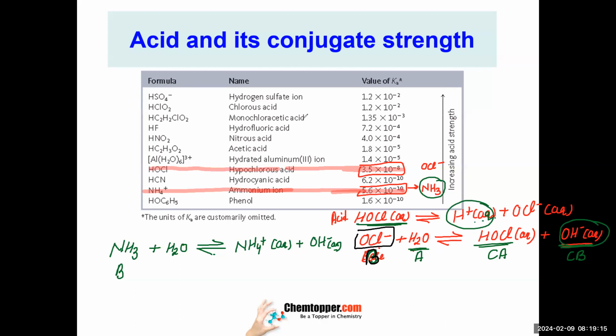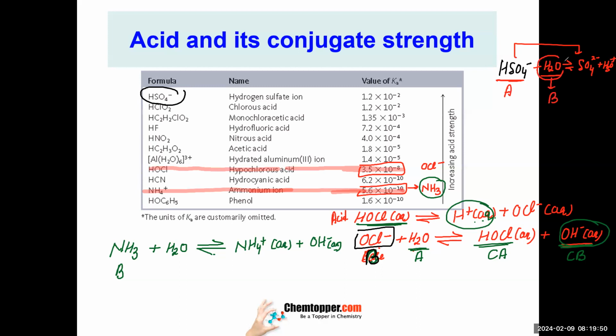Like if I give you this HSO4 minus, and if you put HSO4 minus in water, it is going to get converted into SO4 2 minus and H3O plus. So what is HSO4 minus? See the change? It is acid. What is water? It is base, isn't it?